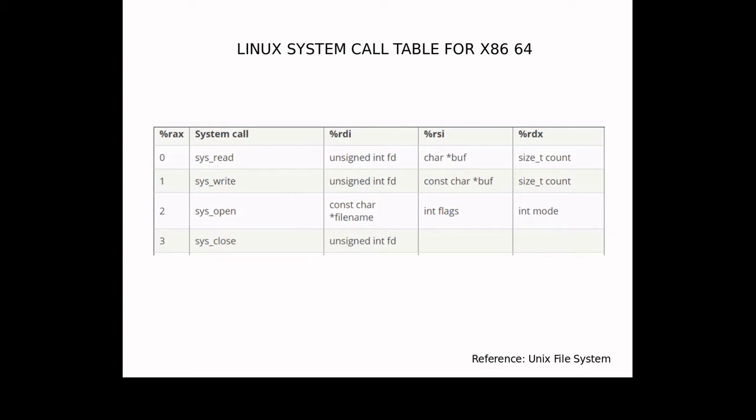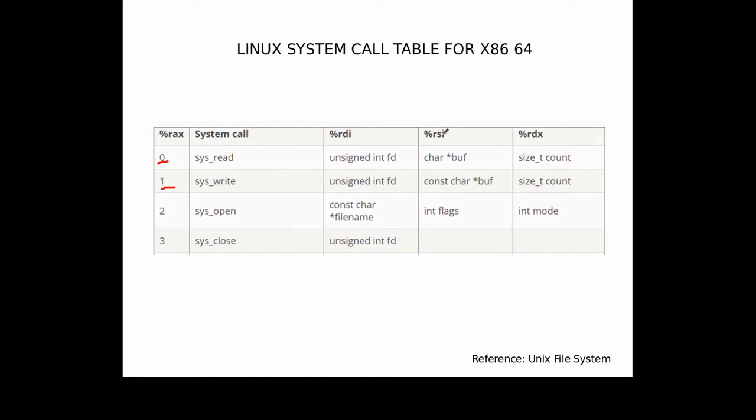Now up till now we have seen the read and write system calls. In RAX we are using 0 for read, and for write we are using 1 in RAX. In RDI we are using the default, that is standard input for read and standard output for write.